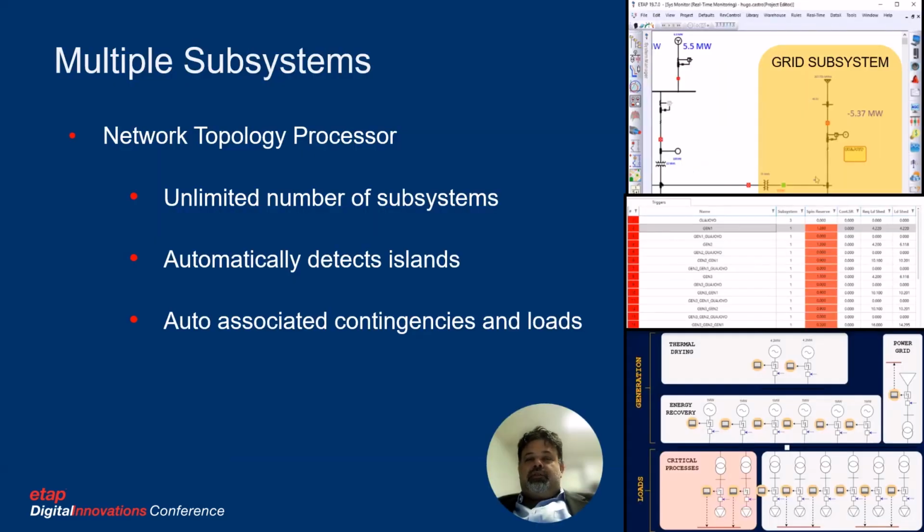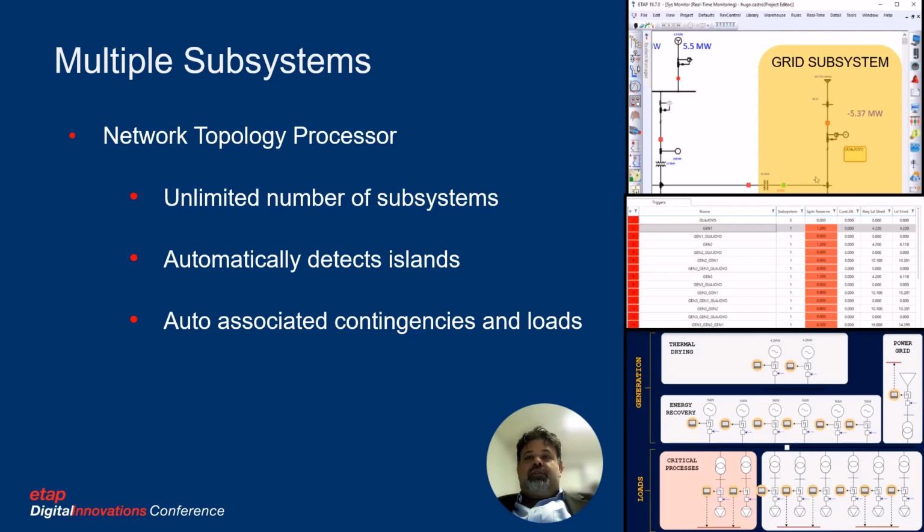Another important feature of the ILS system is the multiple subsystem handling. The network topology processor monitors the electrical network. Based on the status of all the devices, the system tracks if any islands are created. The islands are then indexed and associated to the different contingencies as well as the loads.